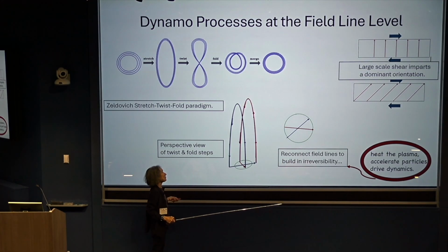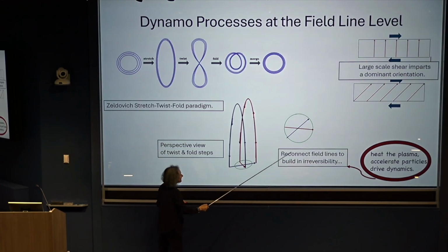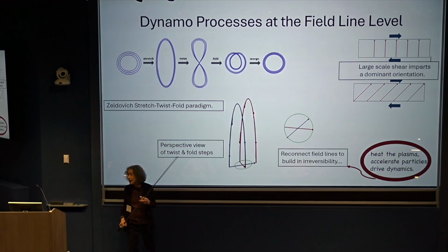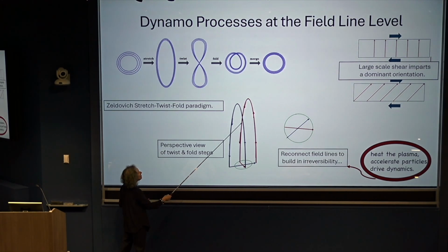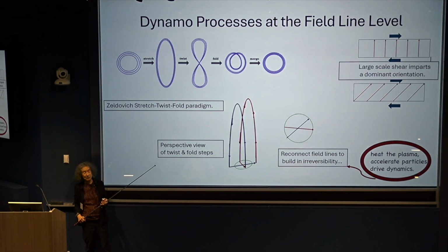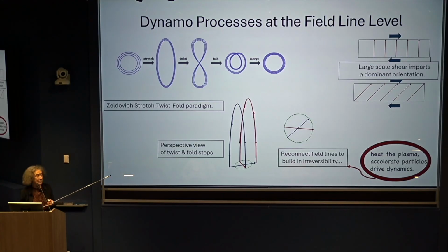So for a disk, this would be poloidal or toroidal. The details of how this reconnection works are important for understanding plasma heating and driving dynamics. A lot of free energy can be released in this process for macroscopic phenomena, and also particle acceleration. We've already heard a little bit about that through various talks the last couple days.